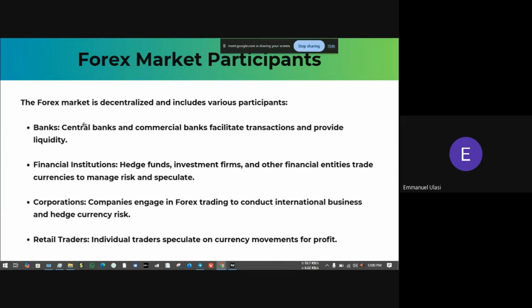Now, moving on, we have corporations. Companies engage in Forex trading to conduct international business and hedge currency risks.